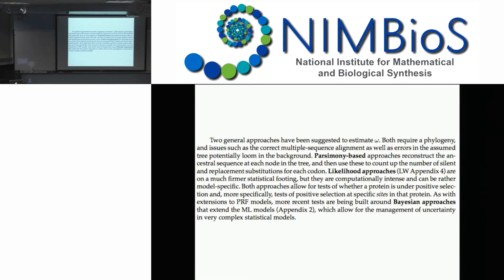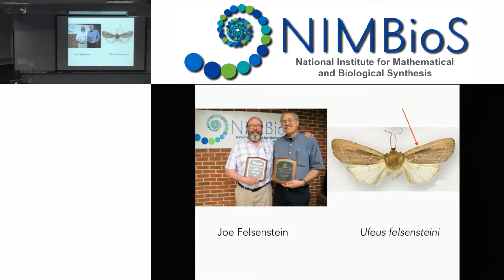Likelihood is this more formal approach we talked about, building a model and estimating parameters on that model. So here's Joe Felsenstein. Hey, look, he's at Nimbus. One of Joe's key early observations is that under parsimony, long branches with lots of divergences tend to attract each other.